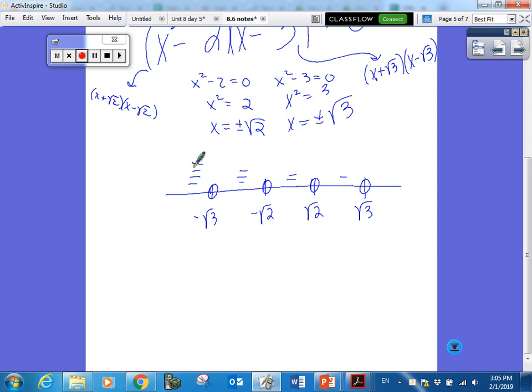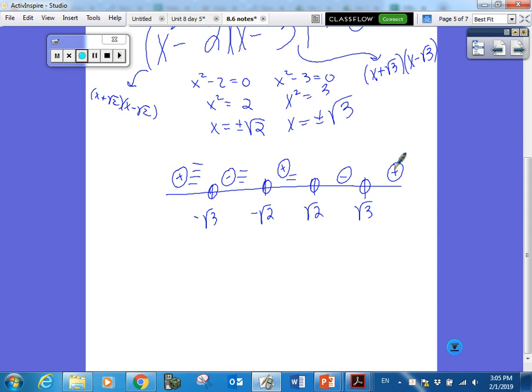That's not going to change anything. So 4 negatives make a positive. 3 make a negative. 2 make a positive. 1 makes a negative. None make a positive. And it's just a lot easier than trying to pick numbers that are in between negative root 2 and root 3 that you might not know.